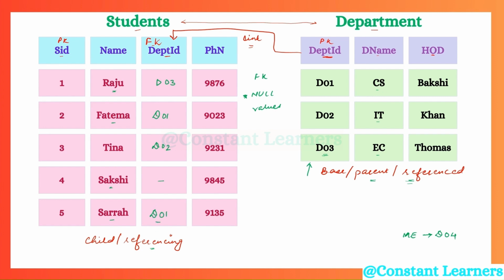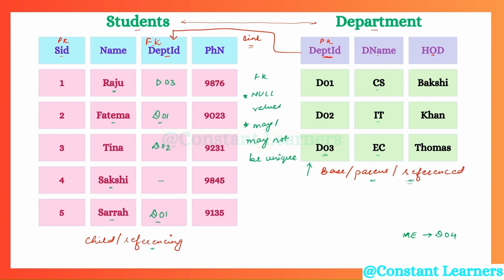So here also we are getting D01 and here also we are getting D01, but that is fine. There will be many students who will have the same department. So what do we understand from this? That foreign key may or may not be unique. It's not mandatory that foreign key is going to have all unique or all different values.